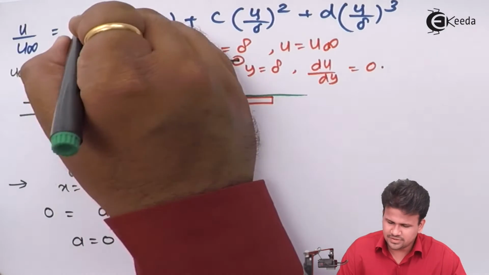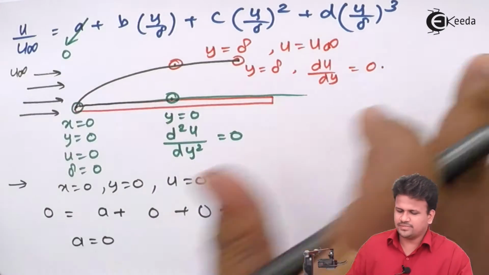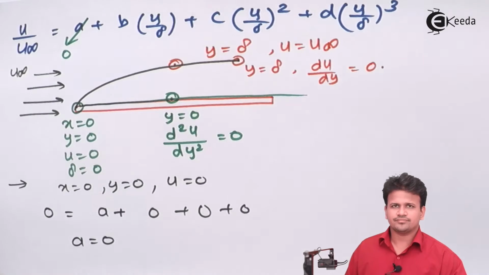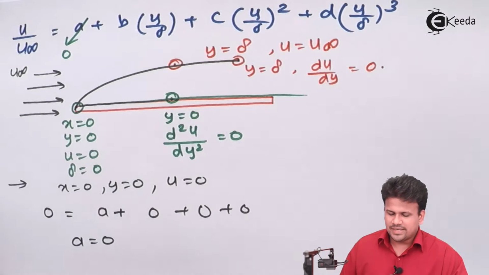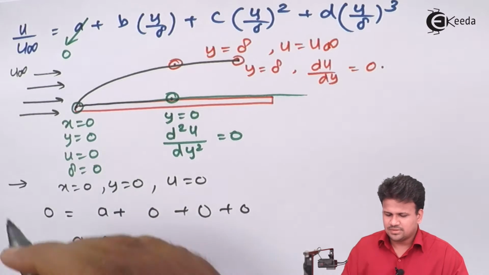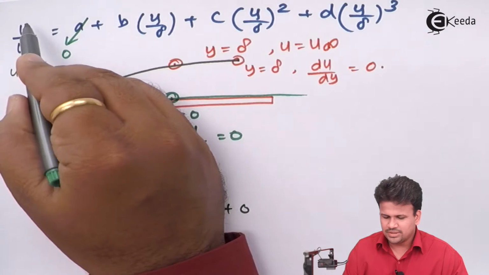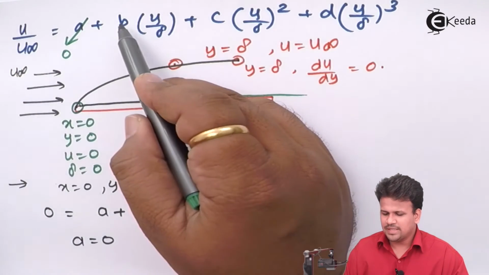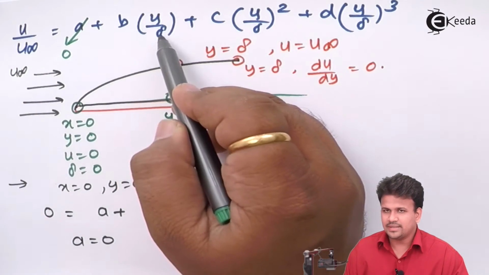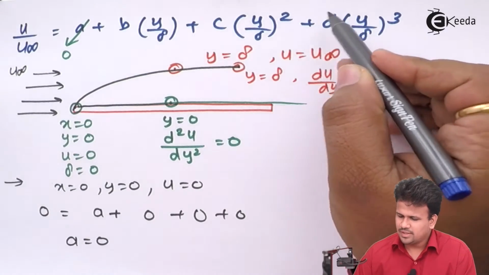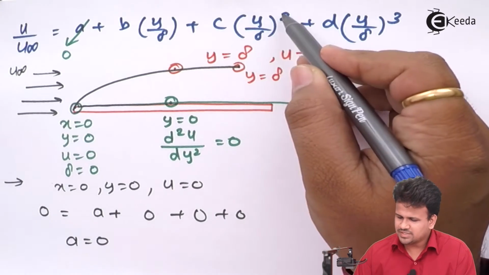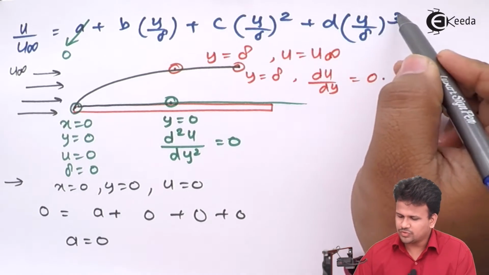Once we get a equals to 0, this is removed from the entire equation. So our next equation becomes, after solving the constant, u upon u infinity is equals to b y by delta plus c y by delta square plus d y by delta the whole cube.